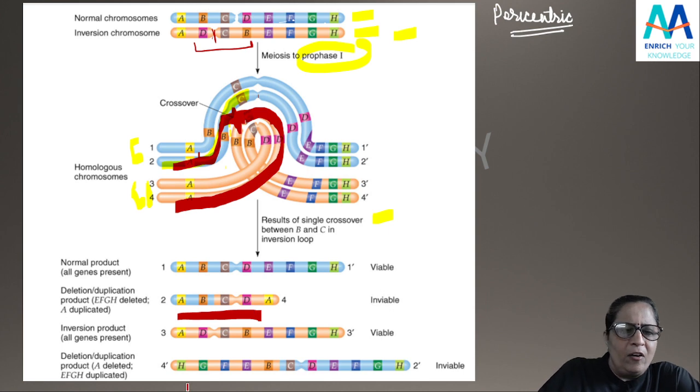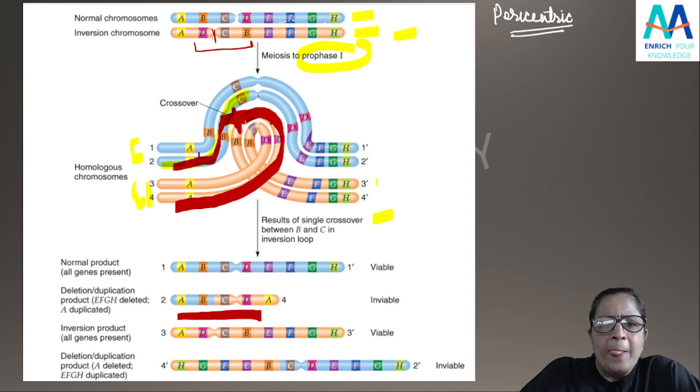Isn't it? Now if you will see the third one, what can you see in this case? आप देखो, कहाँ पर crossover हो रहा है? If I talk, anyone can tell me कहाँ से crossover होगा? Yes, if I take 2 and 4, so you can see here H, G, F, E. Yes, then it will go here.